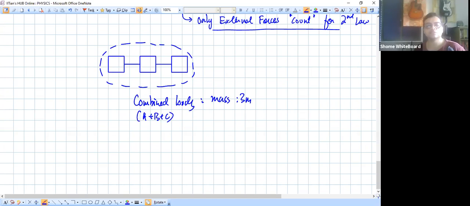और इस पे external forces क्या act कर रहे हैं? The ones which I am showing. F1, F2, the combined weight, okay, and the combined normal reaction.